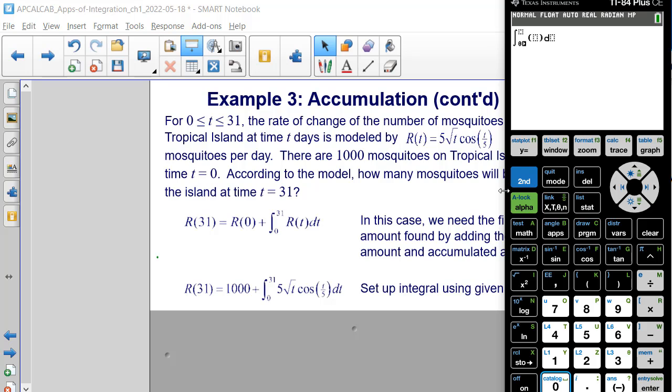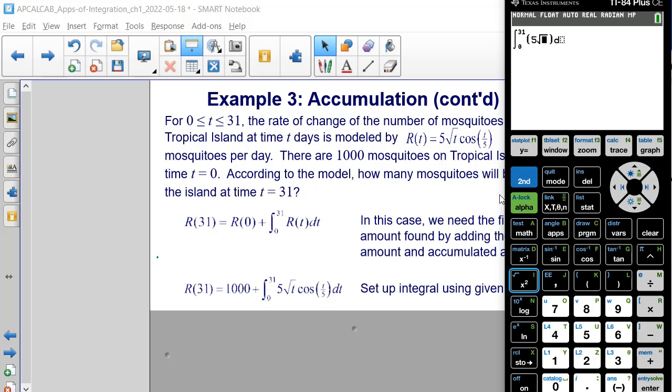So we're going from 0 to 31, and we're doing 5 times the square root. You can elect to use x as long as you put dx here, or you can put it in terms of t as this question does. For ease, I'm going to put it in terms of x.